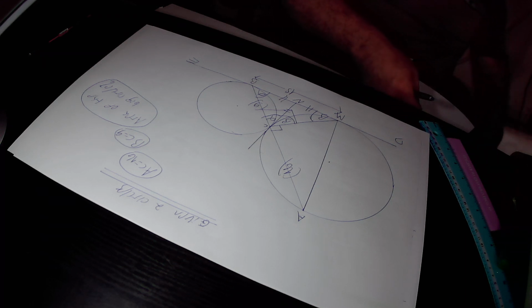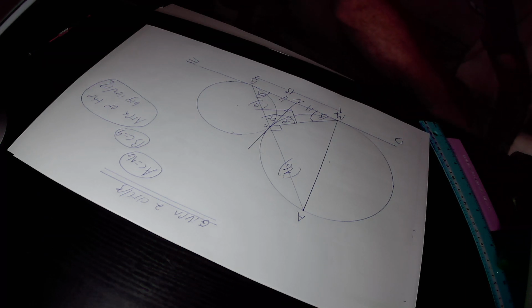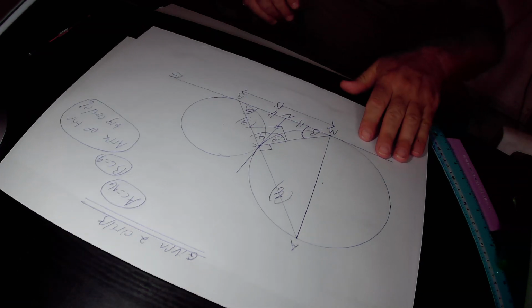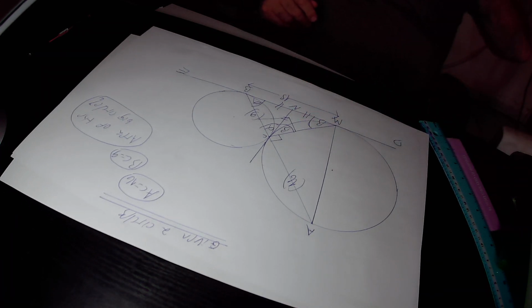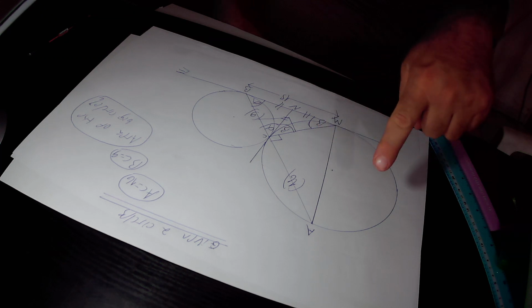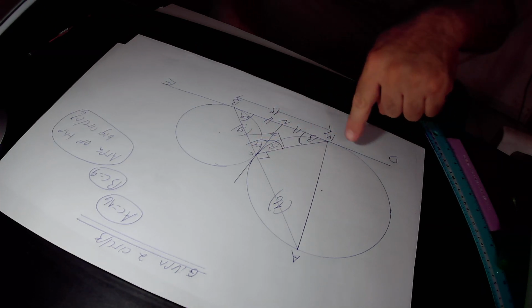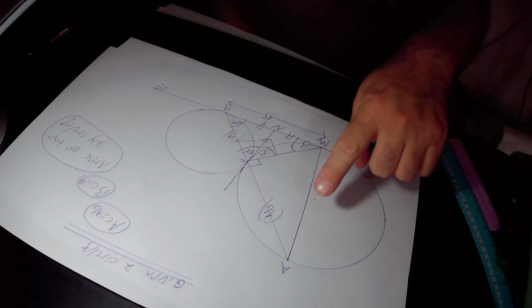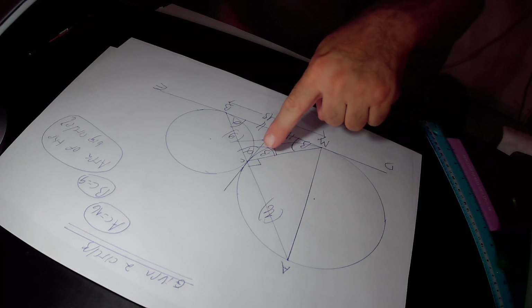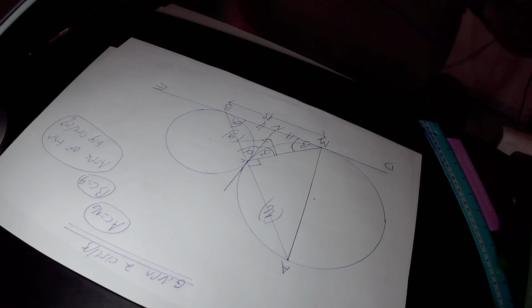Why? Because in our drawing, if we relate to the big circle, inside the big circle we have peripheral angle ACM. This is peripheral angle ACM, and peripheral angle ACM is equal to 90 degrees in its size, and according to rule 5, any peripheral angle that is equal to 90 degrees in its size must subtend on the diameter of the circle.